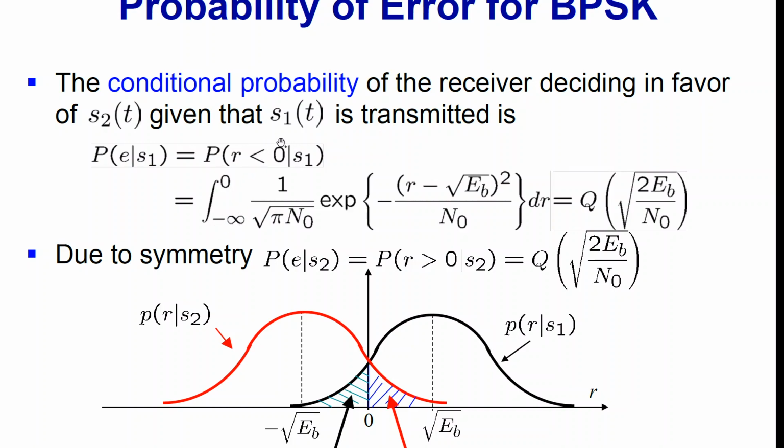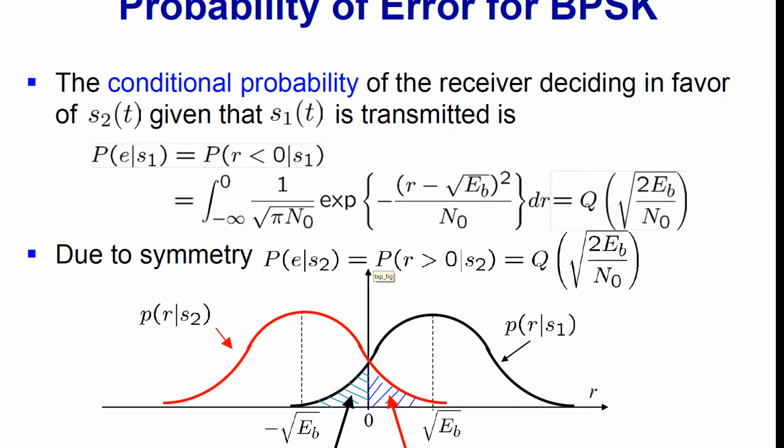You know that this has a Gaussian distribution, similar to AWGN, additive white Gaussian noise, but the only thing is that the mean is shifted to the signal point.